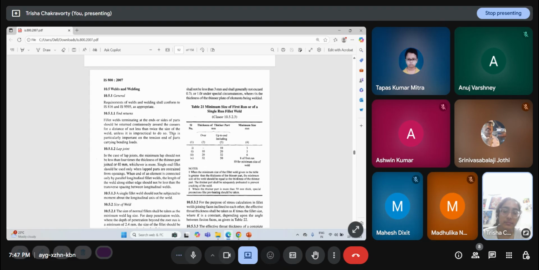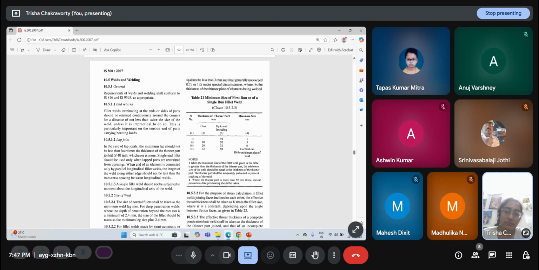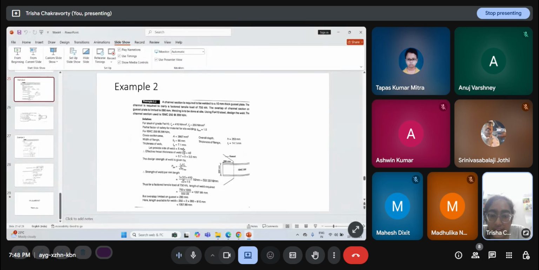So we have to take the effective throat thickness as 0.7 into the size we calculate first, and if it is less than 3 mm, then we have to assume it is 3. If the size was 4 mm, I multiply it by 0.7 and get 2.8, then we have to assume it is 3, and carry out the calculation using 3. But here I'm taking 5, so 0.7 into 5 is 3.5 anyway, so we can carry out the calculation using 3.5.